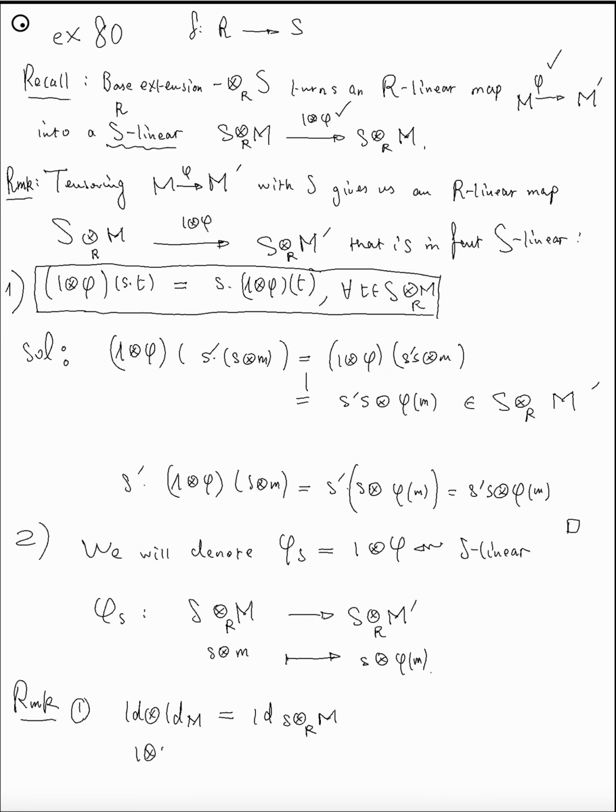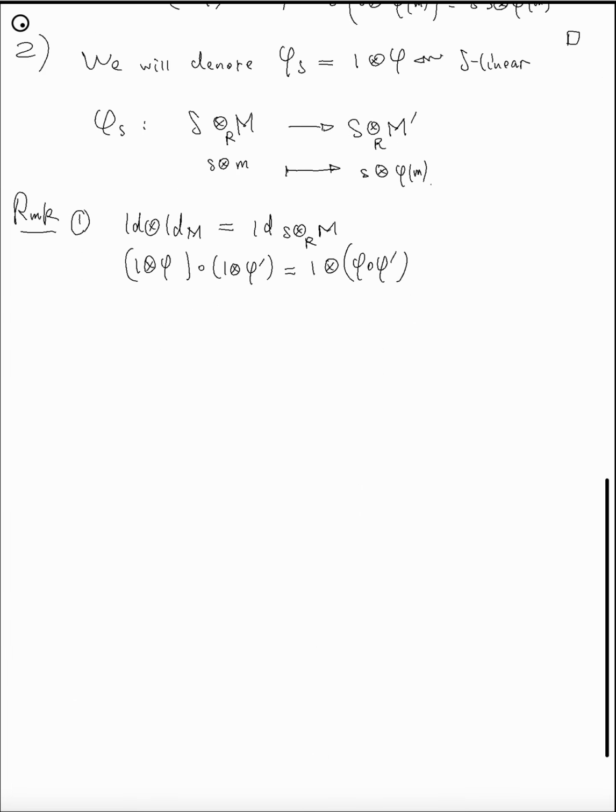And if you compose two S linear maps, then obviously the identity tensor the composition is again the composition.